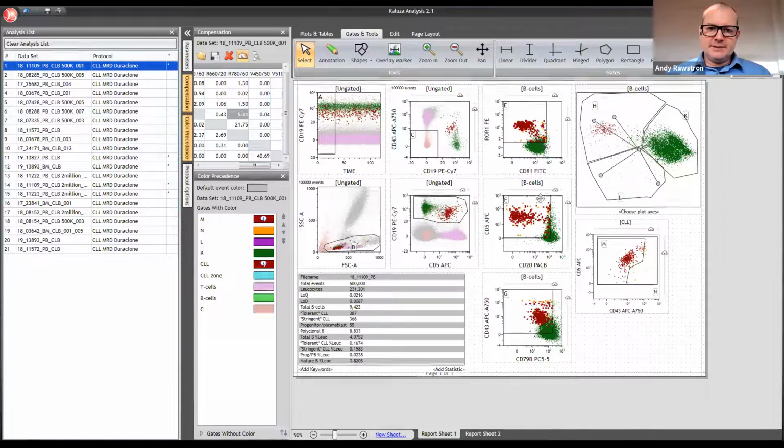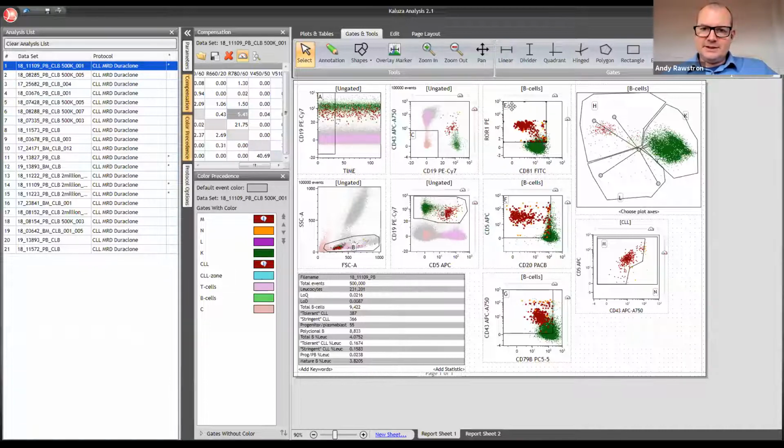We were looking at 3 bivariate plots where the plots were set up so that the CLL cells would be towards the top left and normal mature B cells would be towards the bottom right. And what we normally see is some green and some red events.